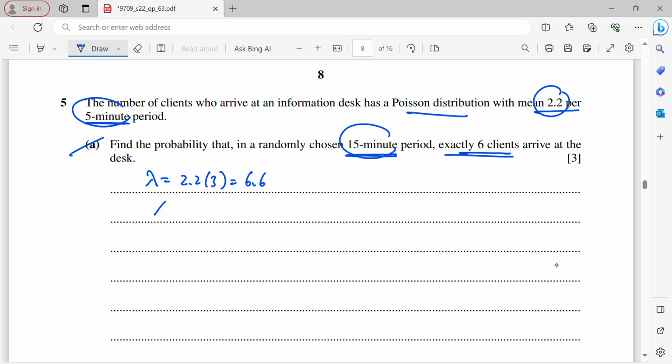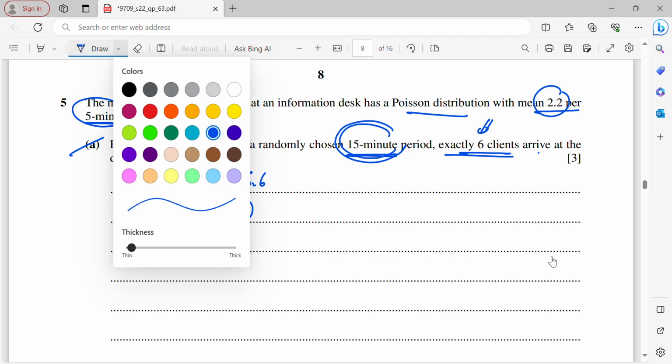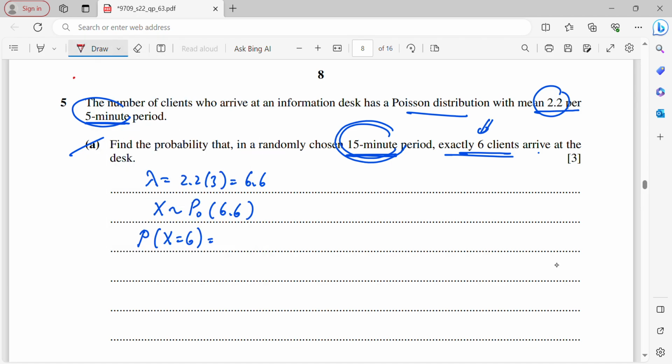Which means now I will say X is Poisson distributed with 6.6. Now, understand that X is the number of clients arriving at the desk in a 15 minute period. And now you need to count exactly 6 clients. So P(X equals 6). Since this is Poisson distributed, you can just refer to the formula.